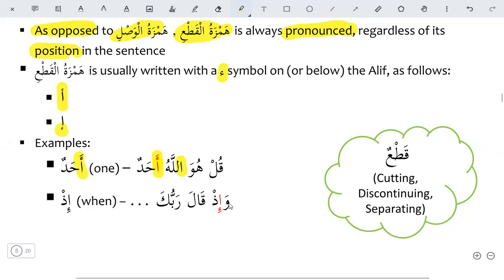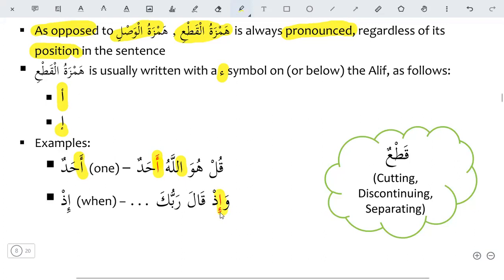Then the second example is wa idh qala, wa idh qala rabbuka. This is Hamza Qat'i. We cannot pronounce this waw with it, like wadh qala. We cannot pronounce like this. We must pronounce this Hamza.